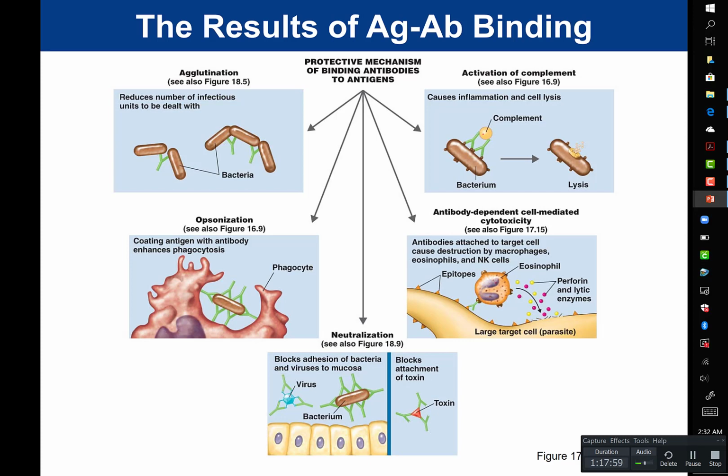It's going to bind at its constant region. And so when the complement binds to the antibodies, it's then going to cause that complement system activation. And that's going to lead to inflammation as well as cytolysis, lysis of the cell. And so these are the variety of ways that antibodies can function to fight off a foreign invader. It plays a variety of roles to help fight off an infection.